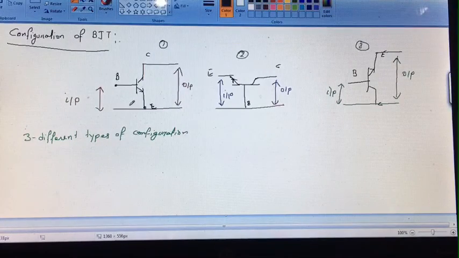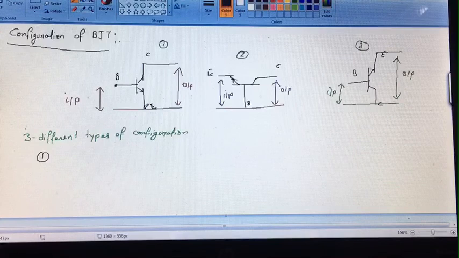So how can we name this configuration? First, see, base and emitter are being used as input terminal, and collector and emitter are used as output terminal. So emitter is common between input and output.